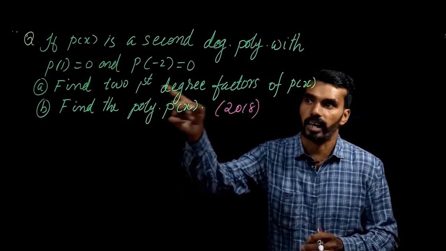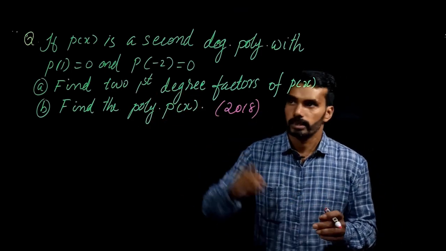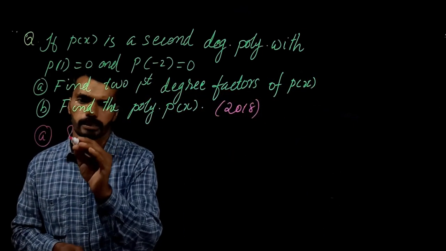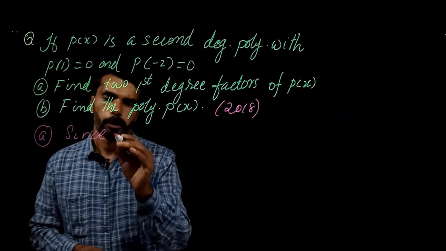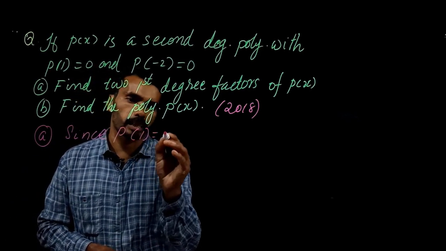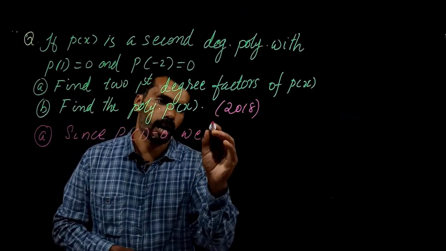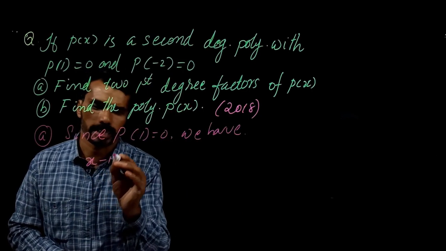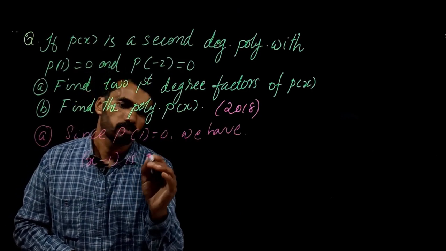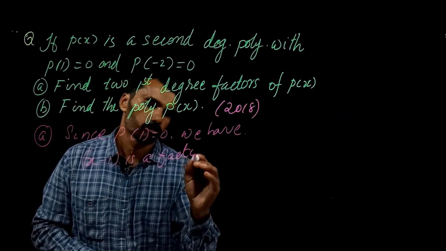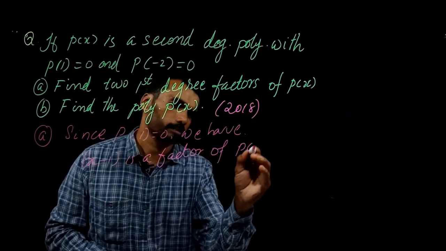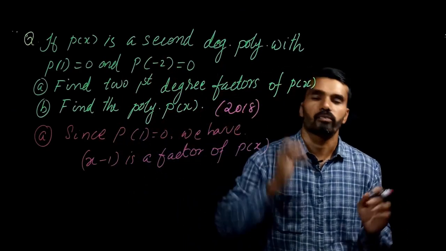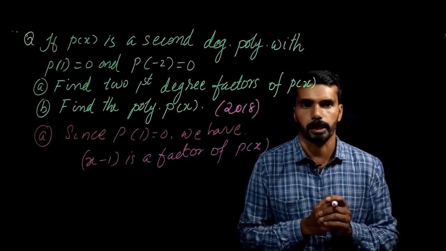So the first question, find two first degree factors. Since p of 1 is equal to 0, we have x minus 1 is a factor of p of x. Here x minus 1 is a first degree polynomial.